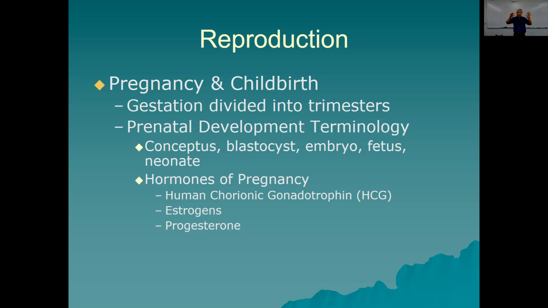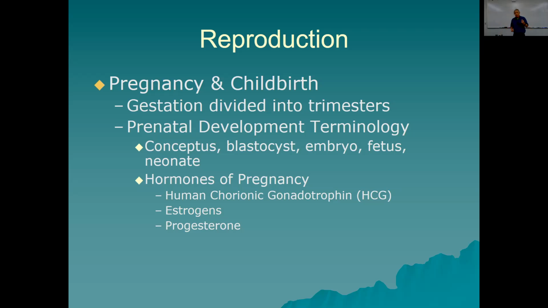This happens during the 4 or 5 days that this conceptus goes through the fallopian tubes on its way to the uterus. It implants into the endometrium. It becomes an embryo. Embryo becomes a fetus, and then what's born becomes a neonate.